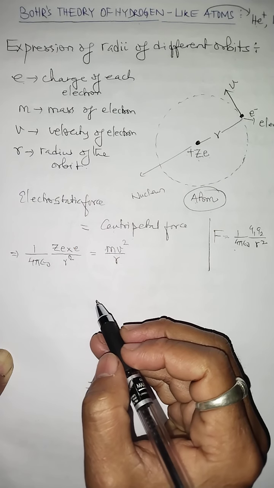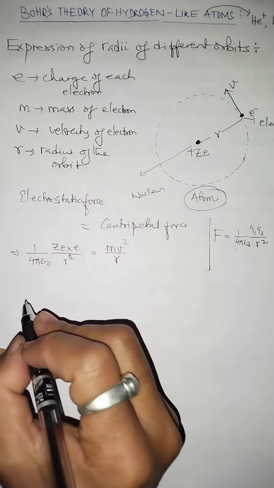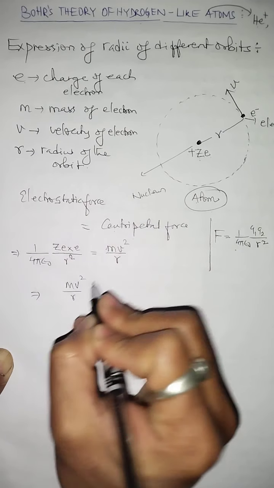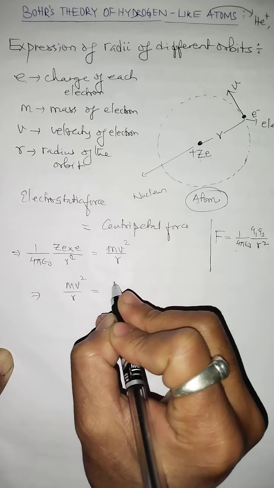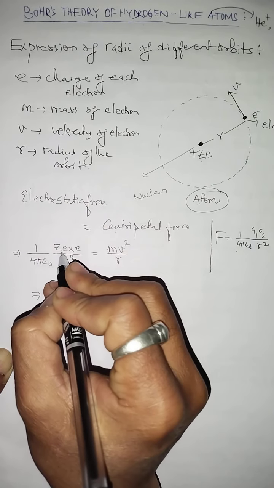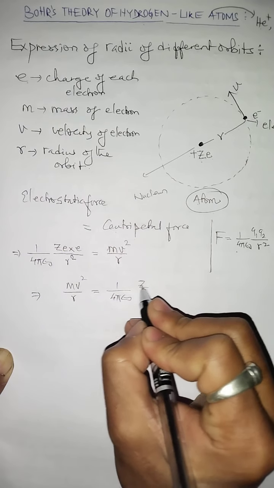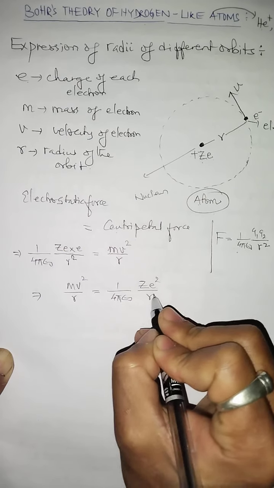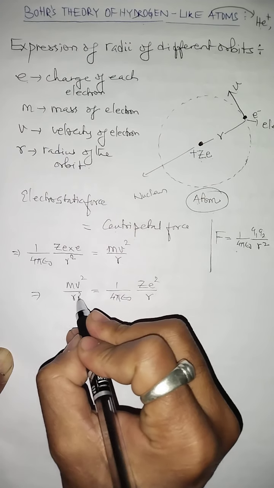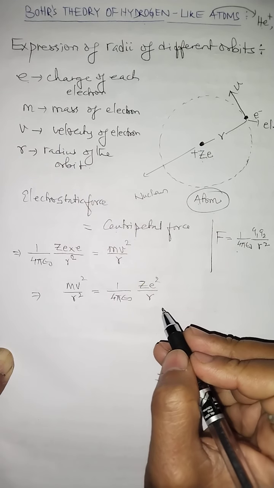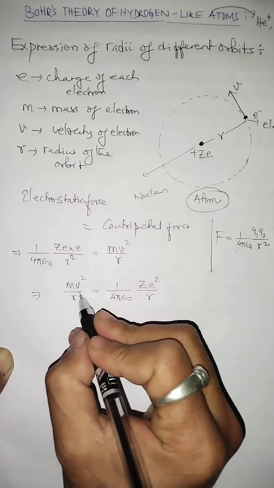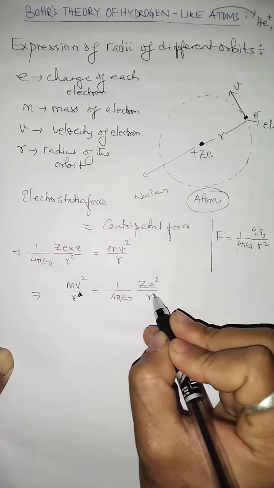Let me write mv square by r on the left hand side, equals 1 by 4 pi epsilon naught into Ze square by r square.